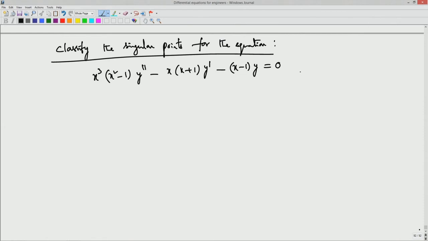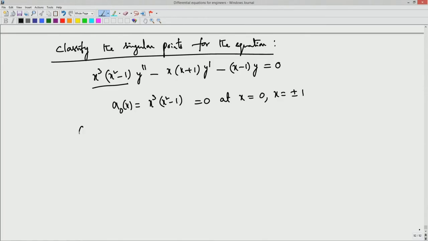You can see that this is a0(x), and a0(x) is x^3 (x^2 minus 1). So, this will be 0 at x equal to 0 and x equal to plus or minus 1. So, you have 3 points. Other than these 3 points, all other points are ordinary points.